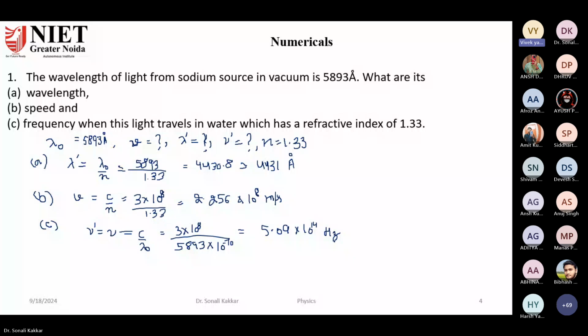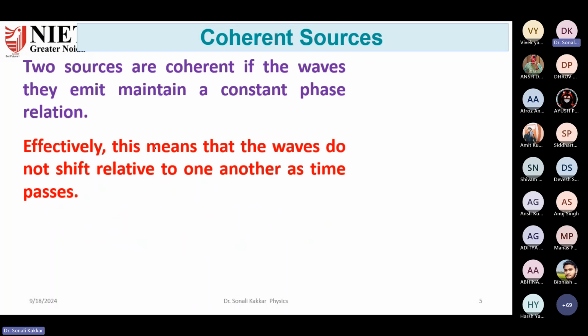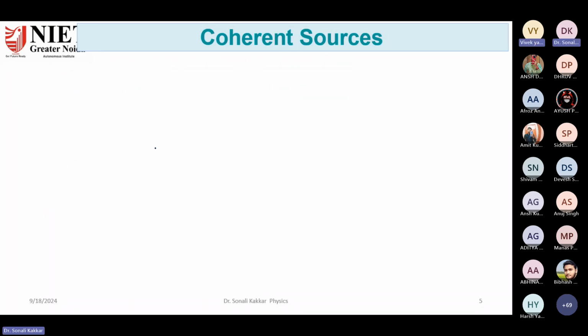Done, ma'am. Okay. So next, coherent sources. You tell, what are coherent sources? The sources with the same frequency and constant phase difference.